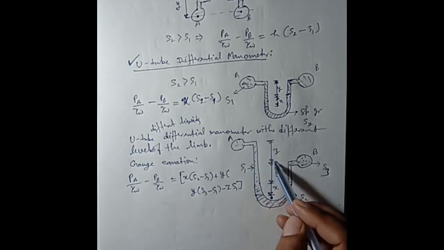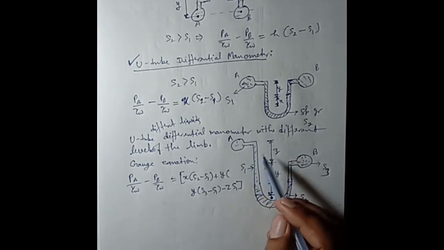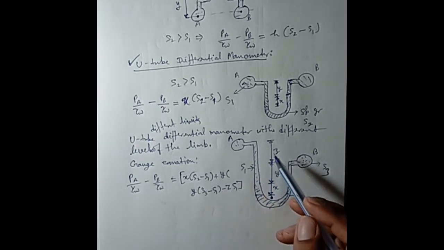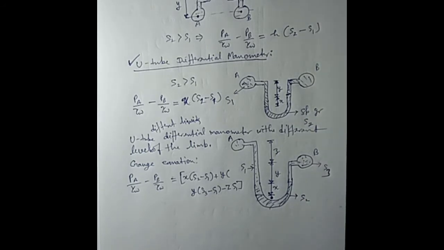Only specific gravity S1 types fall in the Z term. So this is the general equation of the gauge pressure of the U-tube differential manometers with different levels, taking different types of liquid filled in that type of differential manometer.